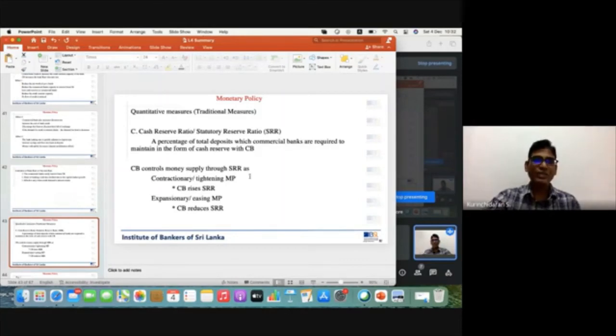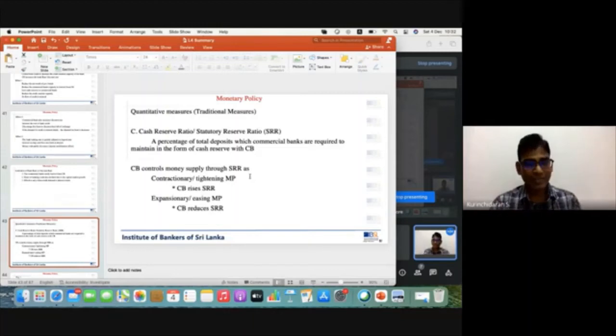If they want to control the money supply, we call it contractionary monetary policy or tightening of monetary policy. If the central bank governor talks about monetary policy, he might say, our stand on monetary policy is contractionary, or we are going to have tightening monetary policy. That means you are going to control the money supply. You can do it through SRR, the statutory reserve requirement, so you can increase SRR.